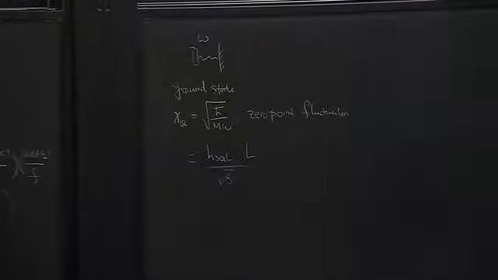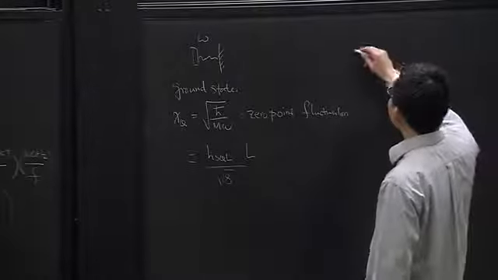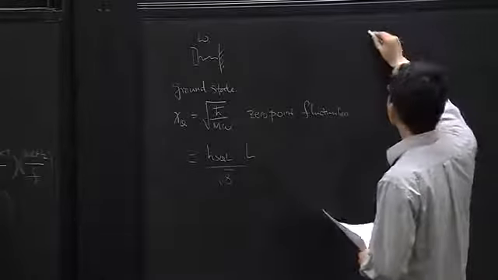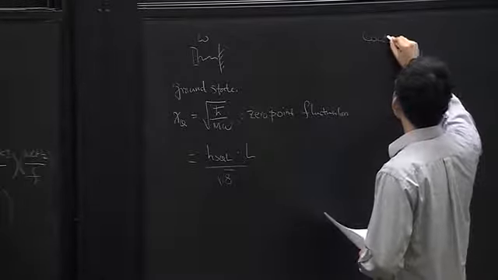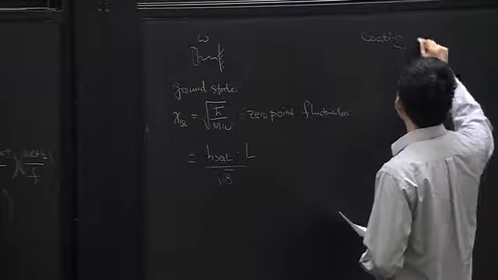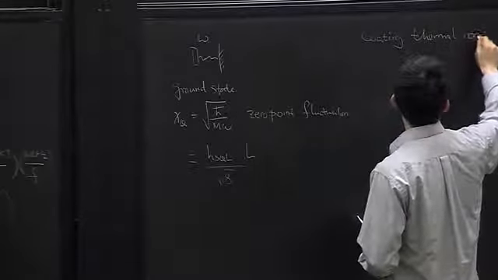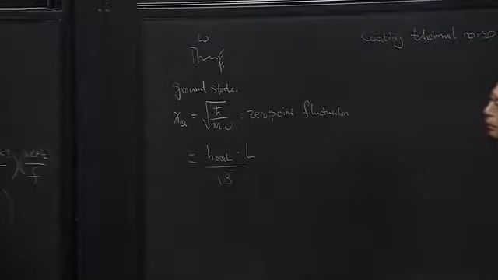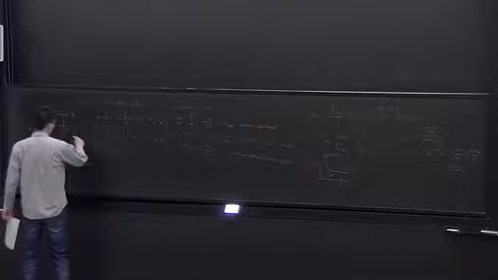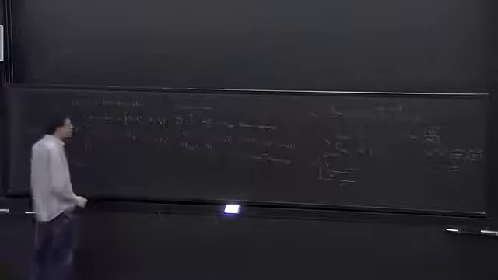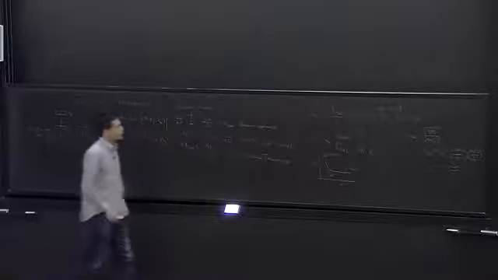The second most important piece of noise in the detection band of LIGO is the coating noise, or coating thermal noise. Each mirror has coatings, and the coatings will fluctuate, and that will generate fluctuating noise.